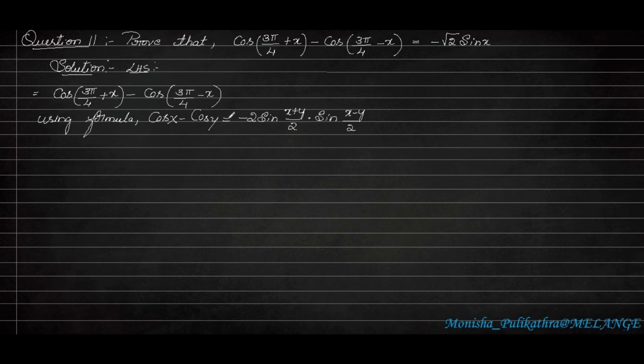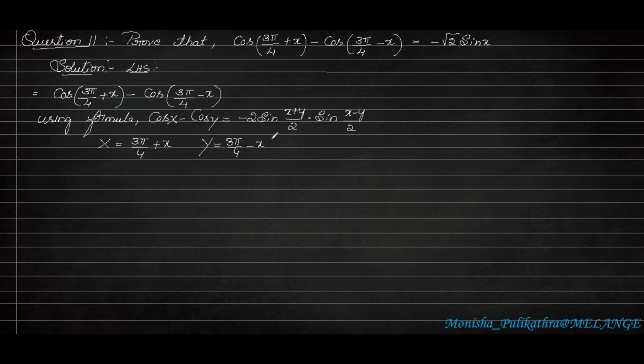Cos x minus cos y is equal to minus 2 sin((x plus y) by 2) into sin((x minus y) by 2). So here x is 3 pi by 4 plus x, this whole term is x and this whole term is y, that is 3 pi by 4 minus x. So we have to substitute both these terms in the place of x and y.